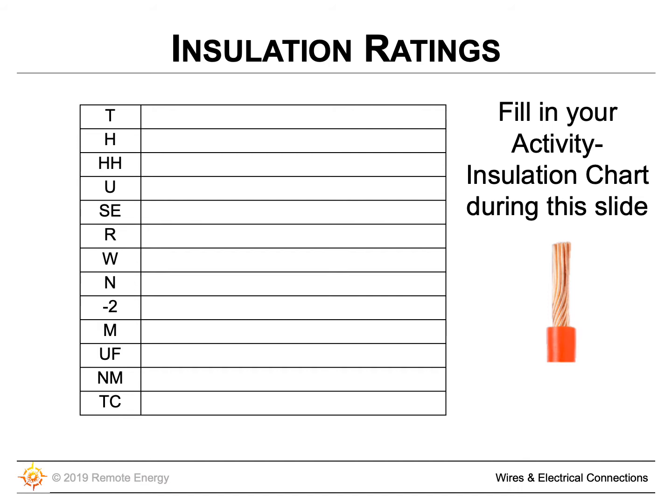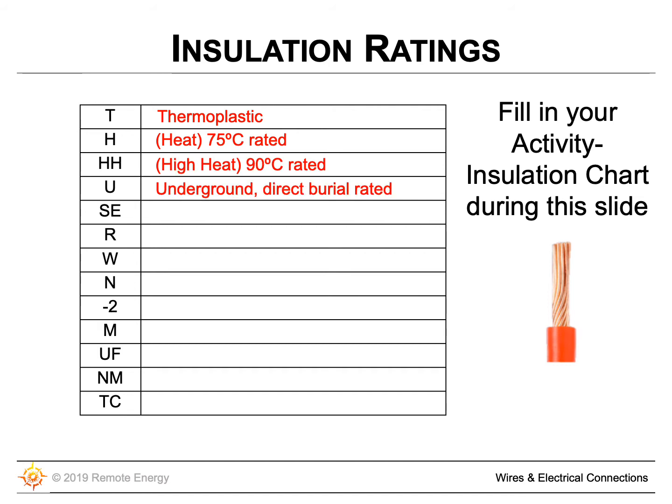So a couple of these abbreviations here. We can see the H stands for a higher heat rated, or an HH is even higher rated. U would represent an underground location, or also called direct burial. This W represents it can be located in a wet place, but not submersed.